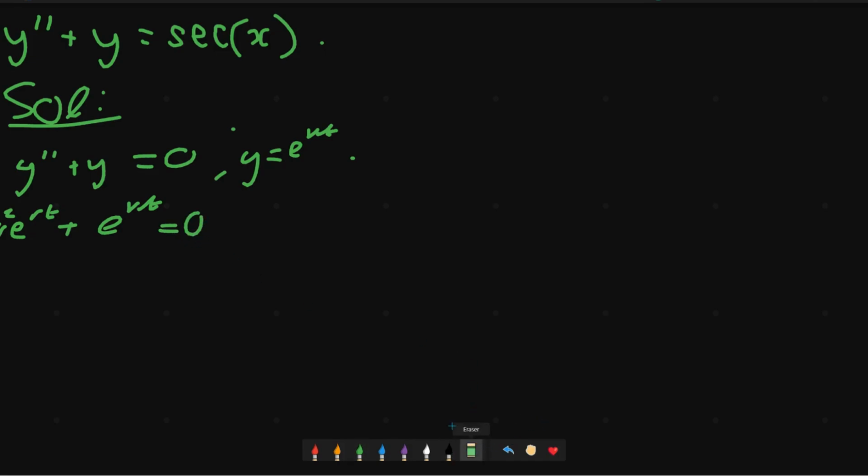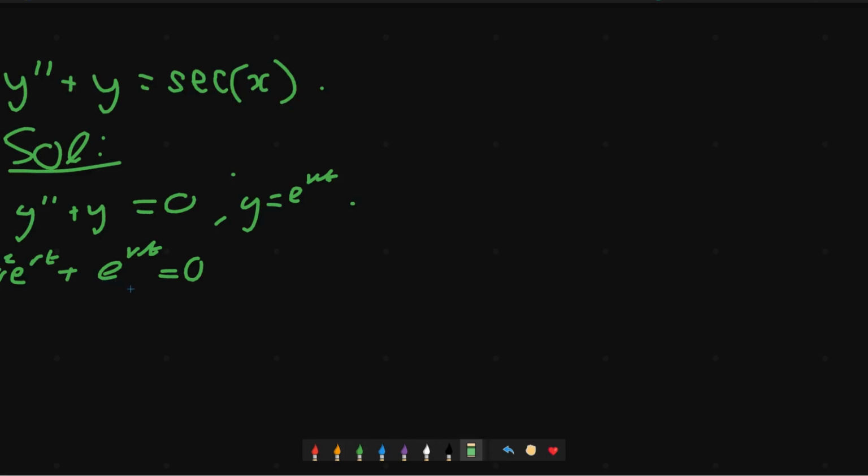Now if we divide out by e to the rt, we get r squared plus 1 equals 0, r squared equals minus 1, r equals plus or minus the square root of negative 1, which equals plus or minus i.